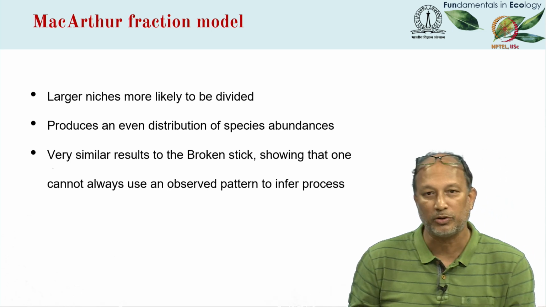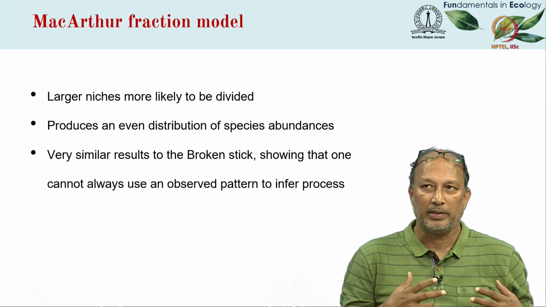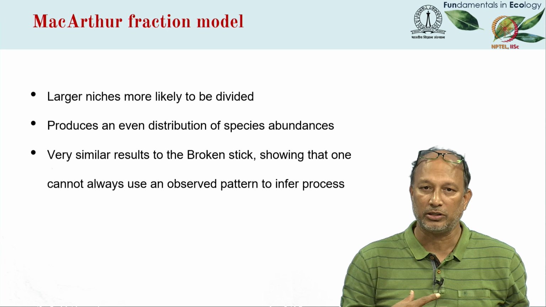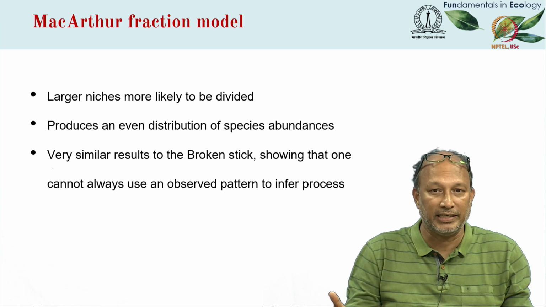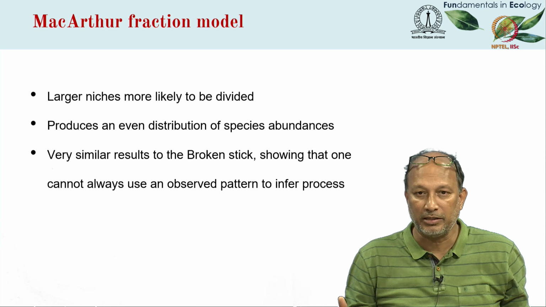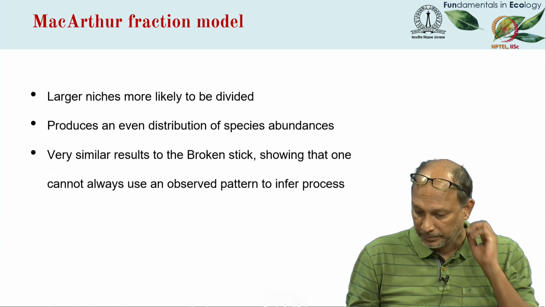Now, this is something also important to remember, that in large ecological studies, we're often trying to derive an ecological or an evolutionary process from the pattern that we see, because it may not be possible for us to conduct experiments at those scales.